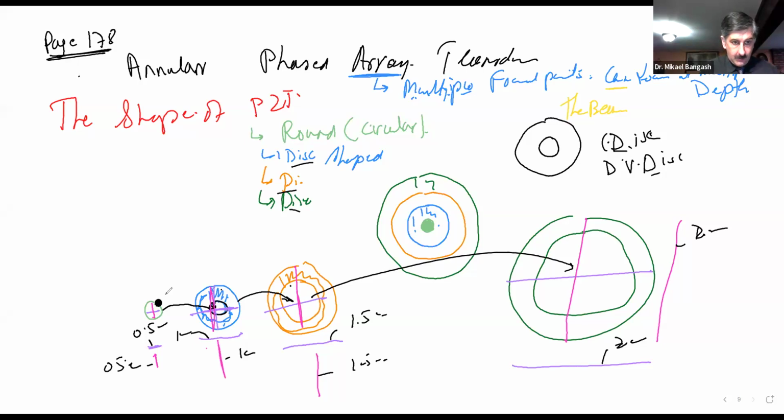When we look at it, this one here is the smallest. Then we have something bigger. This is going to be even bigger, and this is the biggest. But the smallest fits into the bigger, which fits into the even bigger, which fits into the even bigger.